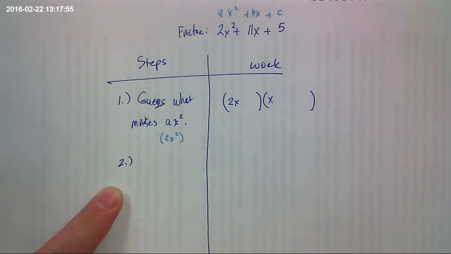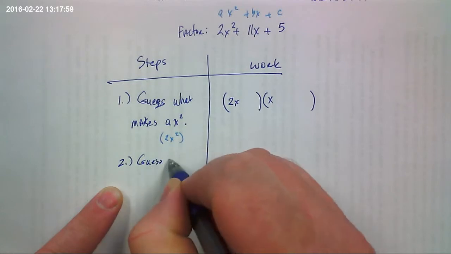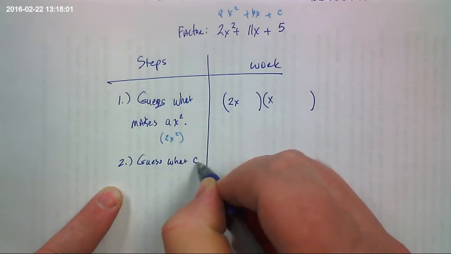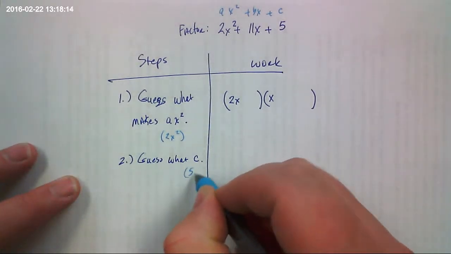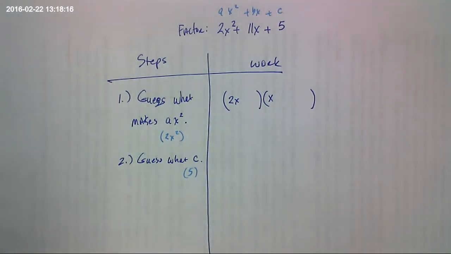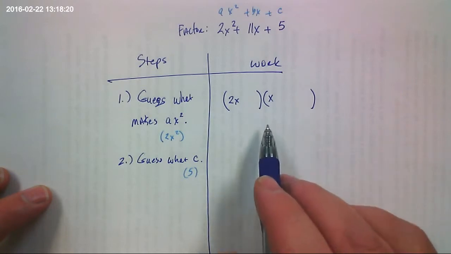Guess what makes C. And for this problem, what is C? What number is C for this problem? 5. So what two numbers could make 5?